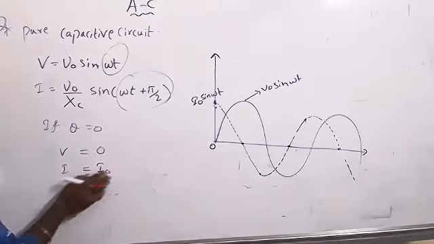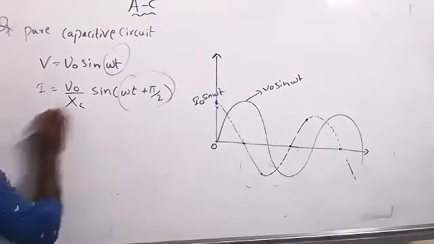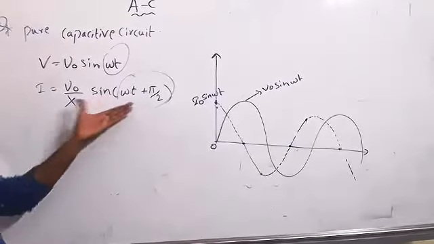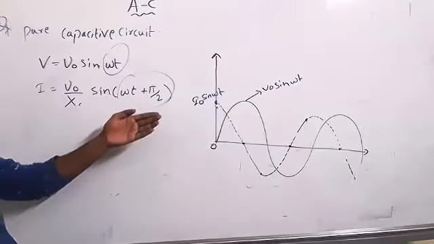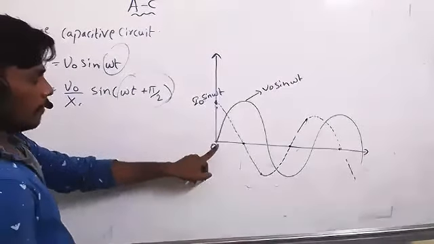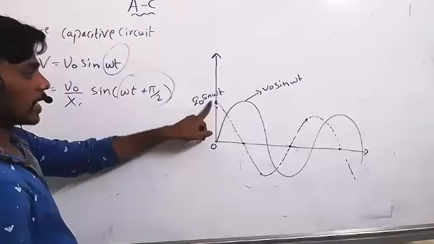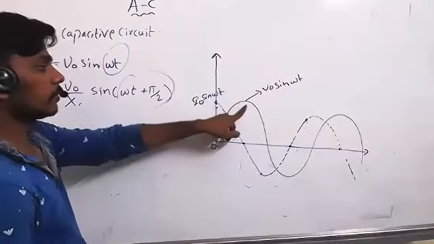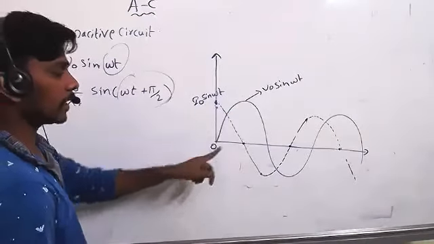On the model question. See, once here only we can see it is leading. Leading means when V is 0, I should be at the maximum value. If V is at the maximum value, I should be at the minimum value, like that.